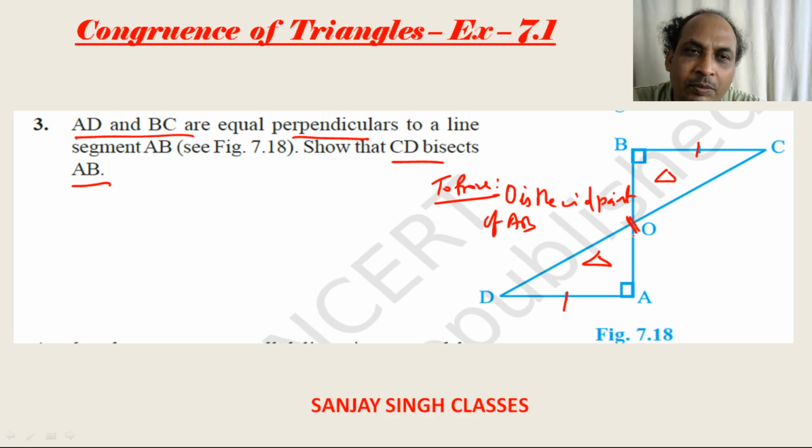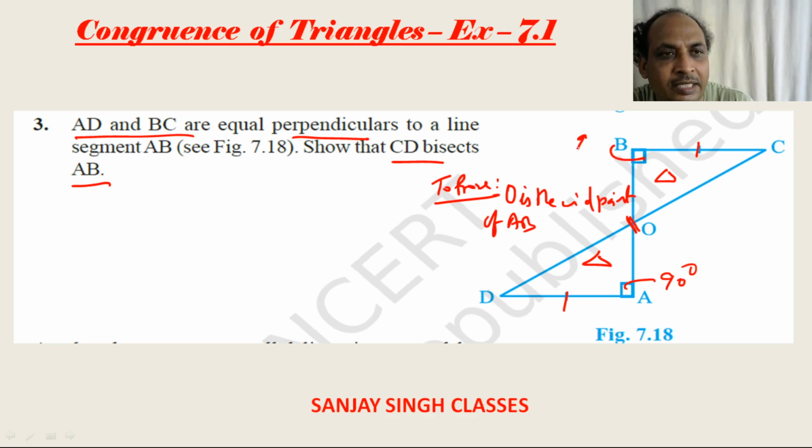Again, O will be the midpoint. We are given here 90 degrees, and here also we are given 90 degrees. We are not going to use the RHS rule now. Let us see how we will be able to solve this question.